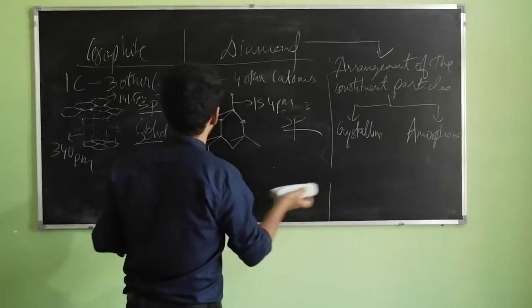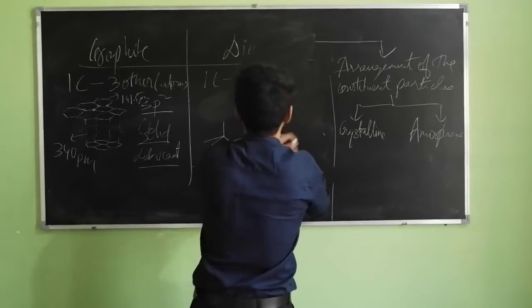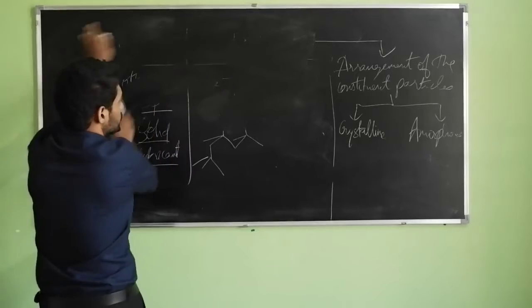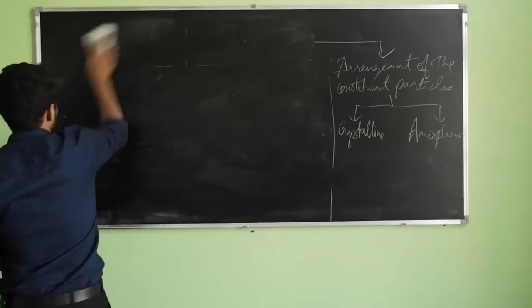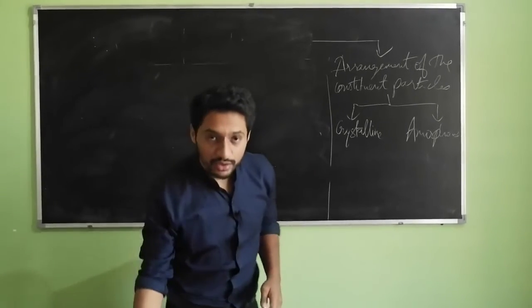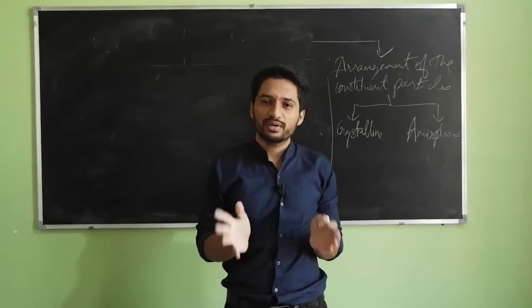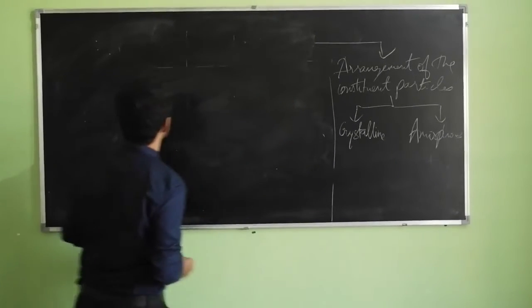Okay, so now let's discuss based on the arrangement of constituent particles. Everything that we have done so far is based on intermolecular forces of attraction. Now let's study based on arrangement. So based on arrangement, how do we classify? We classify them as crystalline and amorphous. So let's study these.